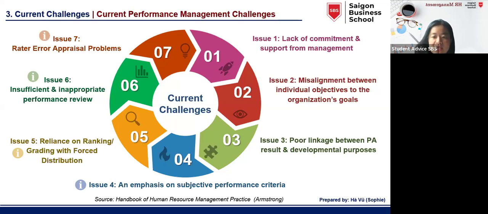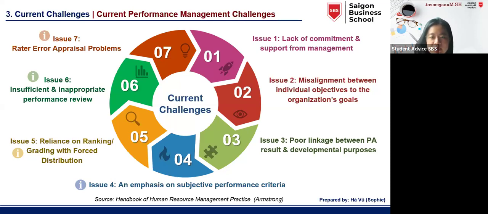Without visible support and commitment from leaders, effective performance management becomes difficult. The HR managers must work to gain management backing by educating both leaders and employees on the importance of performance management for employee development, performance improvement, and achieving business goals.